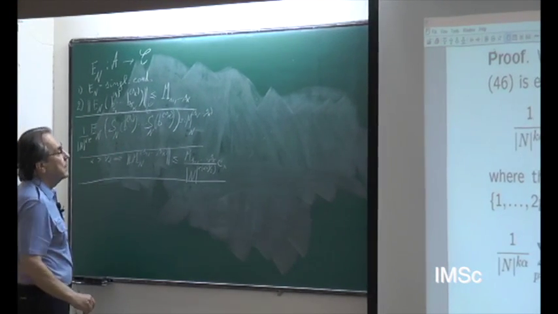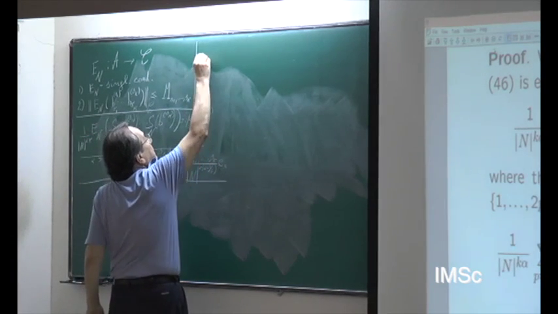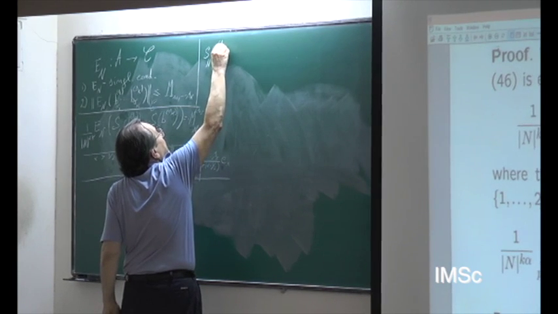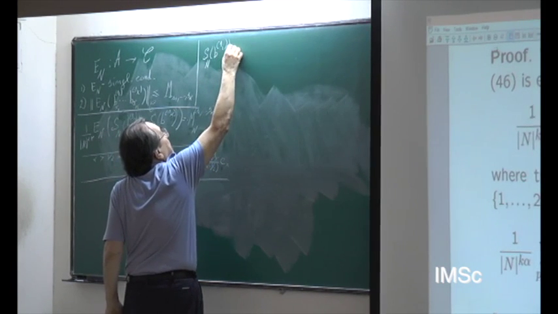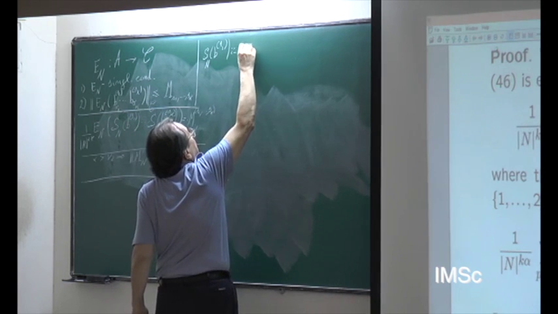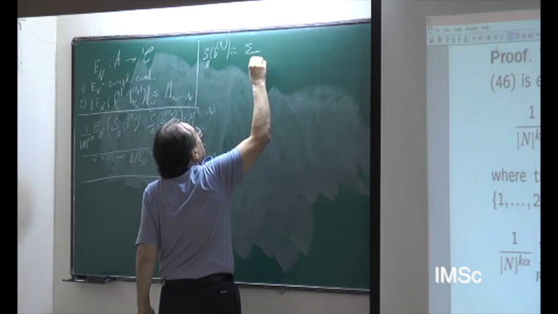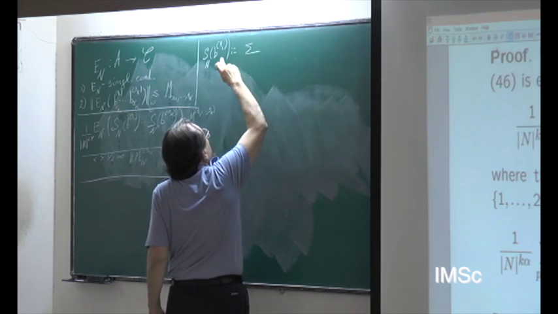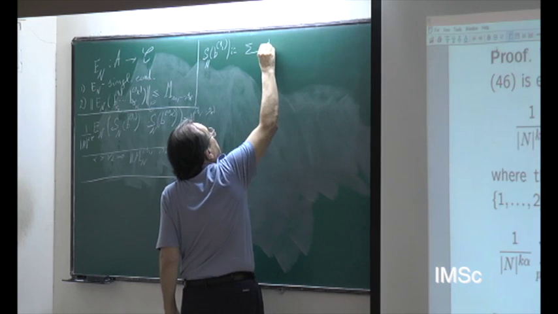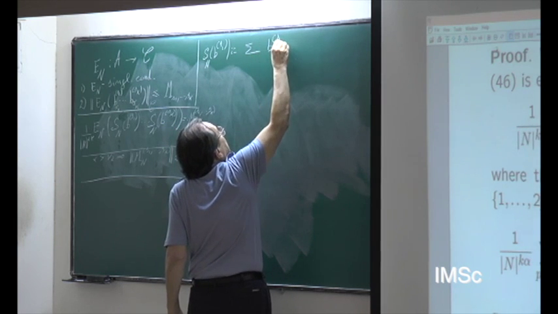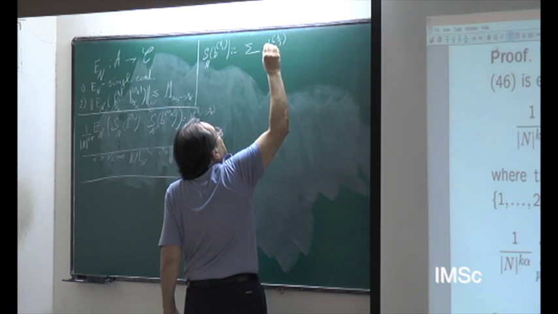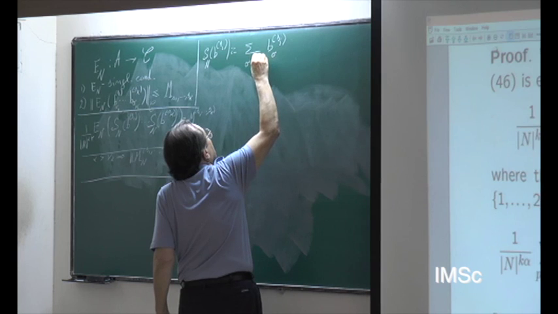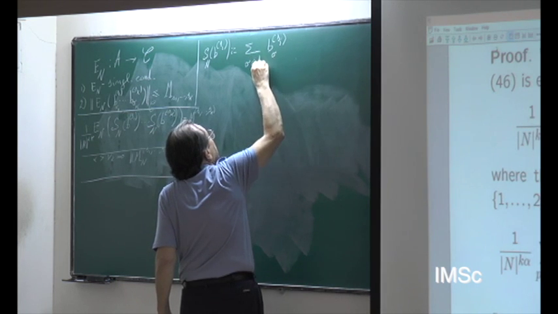By our definition, this sum Sn of B of some Sj was a sum over sigma belonging to n.